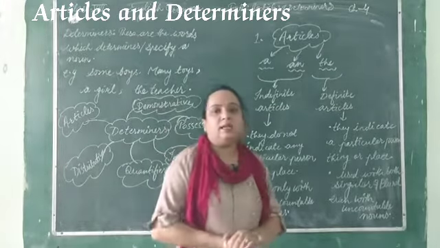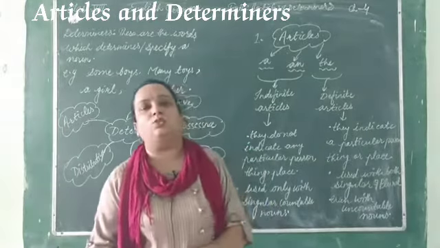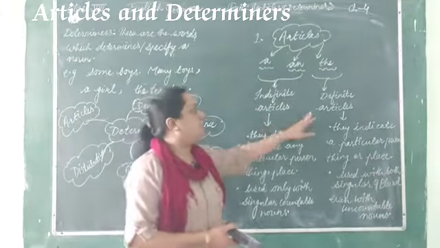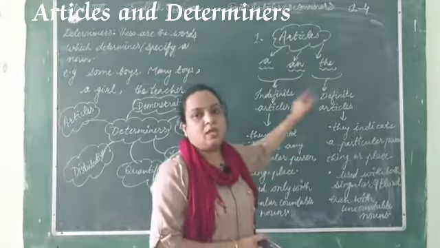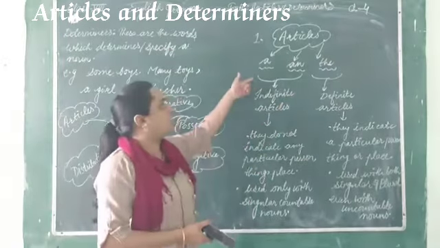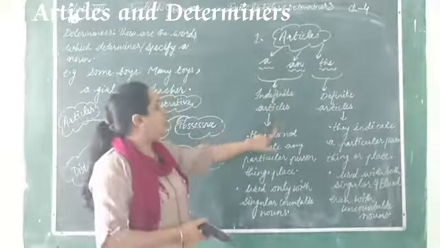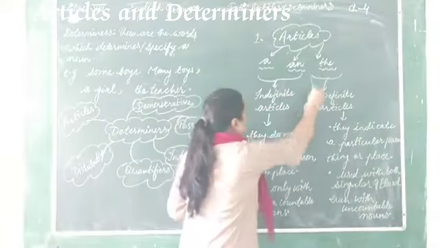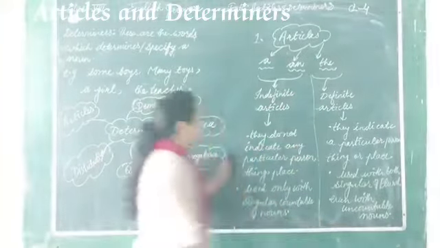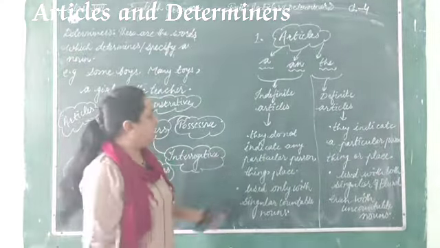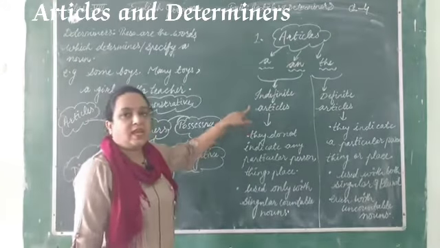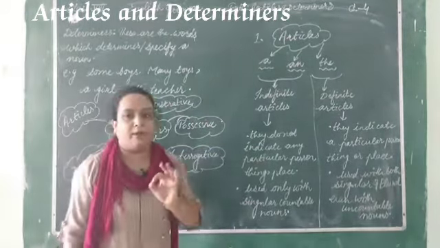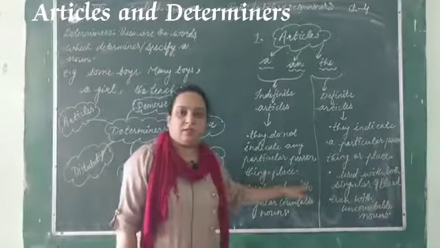So article determiners are divided into two categories. Number one is indefinite articles, number two is definite articles. Indefinite articles are a and an, right? Let's know something more about indefinite articles. The words a and an do not indicate any particular person, thing or place, right?